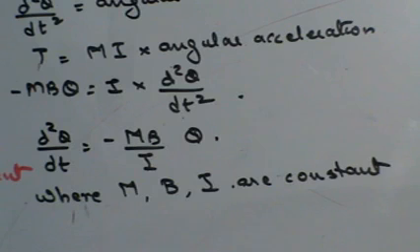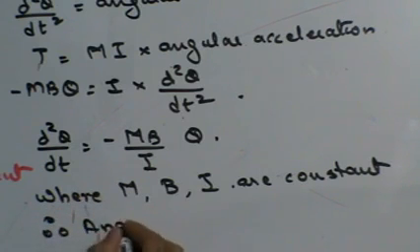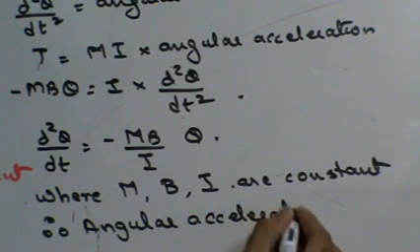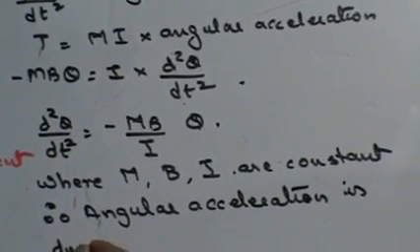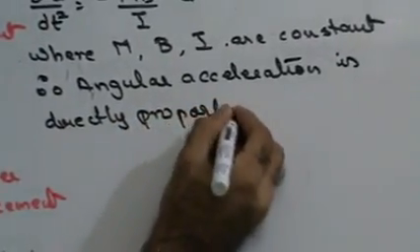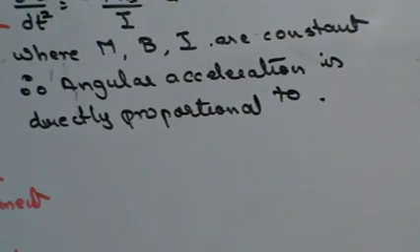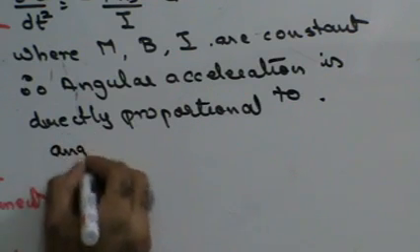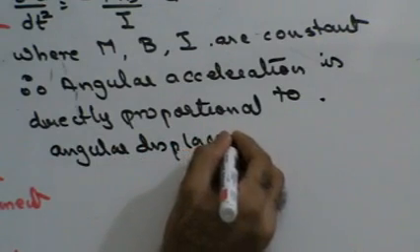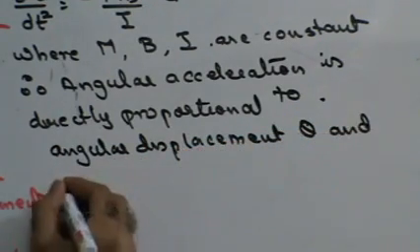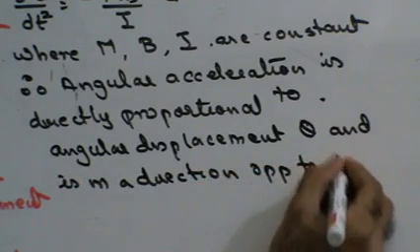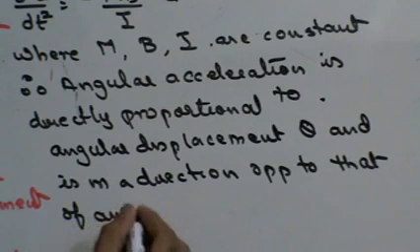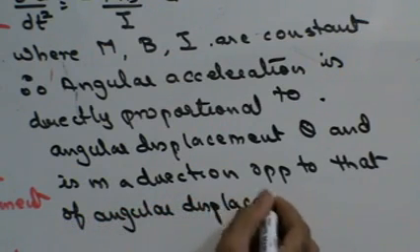Therefore, angular acceleration, d square theta upon dt square, is directly proportional to angular displacement theta, and is in a direction opposite to that of angular displacement.